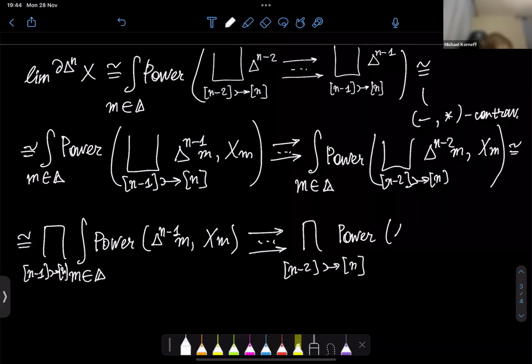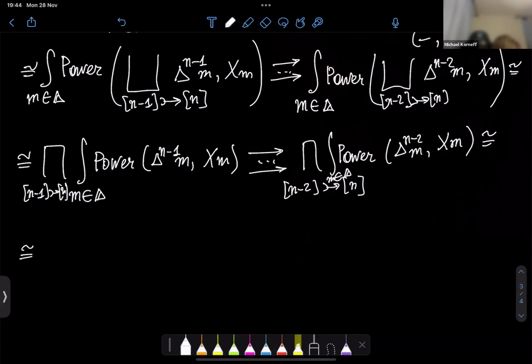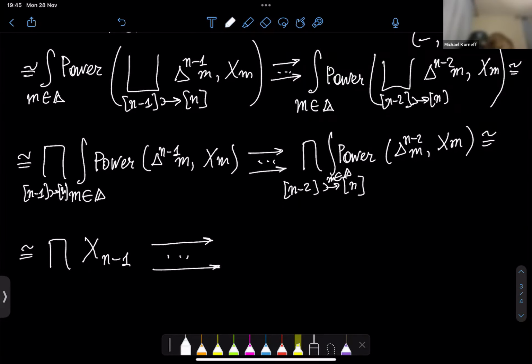By Ninja unit lemma, we can replace these integrals by the set of n-1 simplices and the set of n-2 simplices of X respectively.